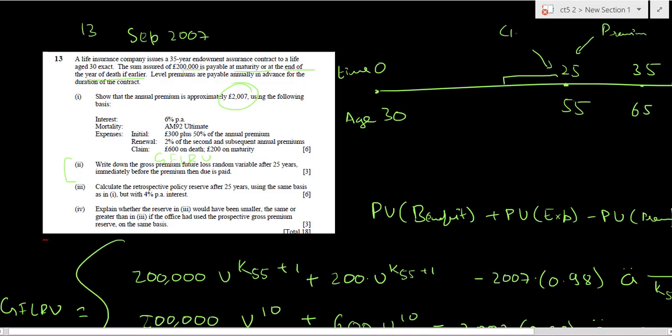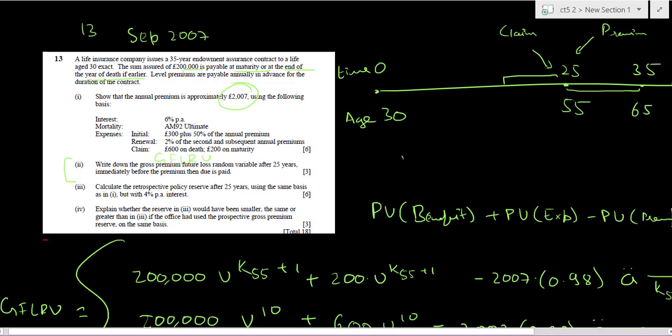But since this premium is from the next year, we assume that this premium has not been received yet. So the next year's premium is not received, but the last year's claim is paid. This assumption is not that relevant. You need not pay a lot of attention to it, but this is always our assumption.